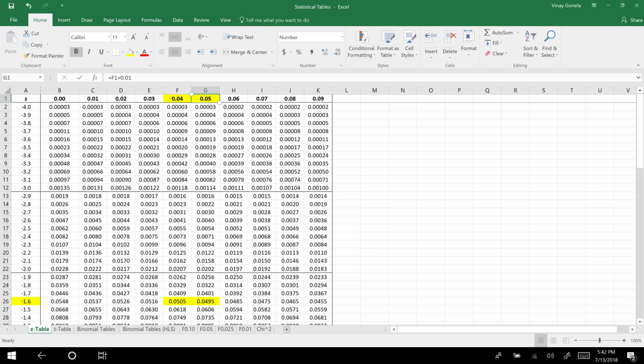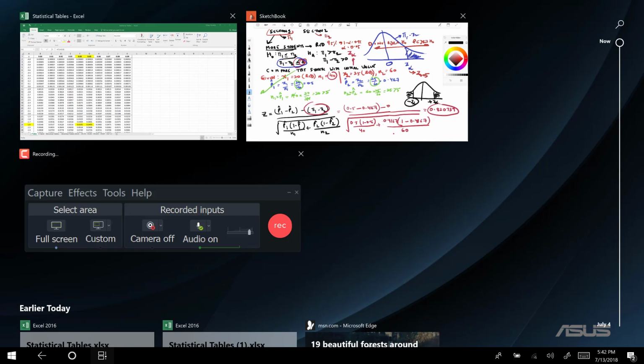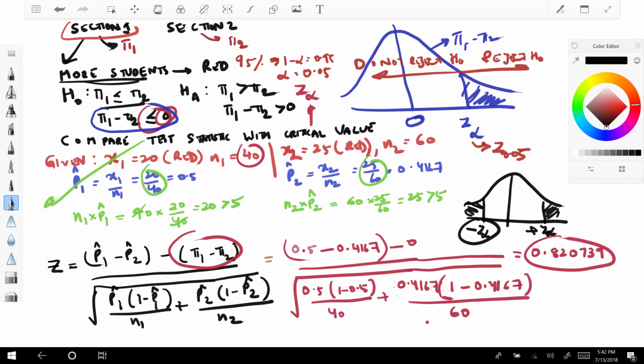Let me take negative 1.64. So our z value here is negative 1.64. Once we convert that, it will become positive 1.64. So that means this value is 1.64.